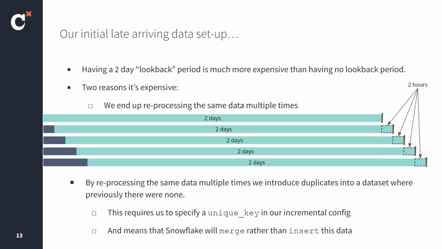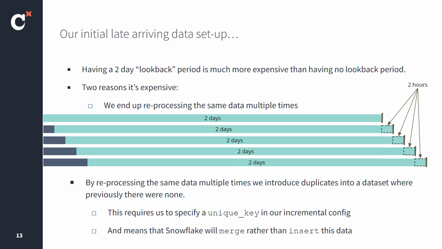But it turns out that having this 2-day look-back period is much more expensive than having no look-back period, and this is for 2 reasons, one of which I think is fairly obvious, and one of which I think is a little bit more subtle. So the first one is that you end up reprocessing the same data multiple times. You can imagine that each bar here is a different dbt build of this model over time.